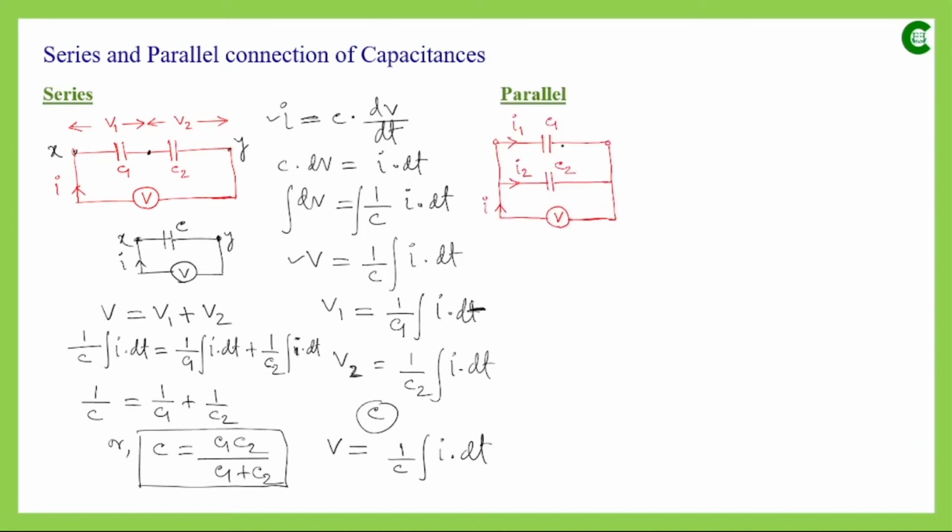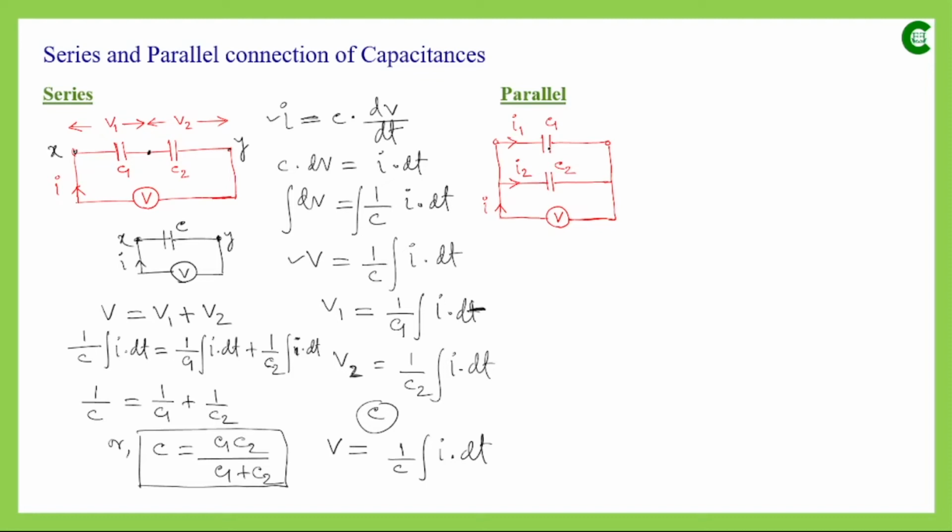Now in this circuit diagram, what we can see is these two capacitors having capacitance value C1 and C2 are connected in parallel, and with that parallel connection, again the voltage source having value V is connected, and this voltage source is supplying some current I. And since this is a parallel connection, the voltage drop across each of these capacitors or across that parallel connection will be the same.